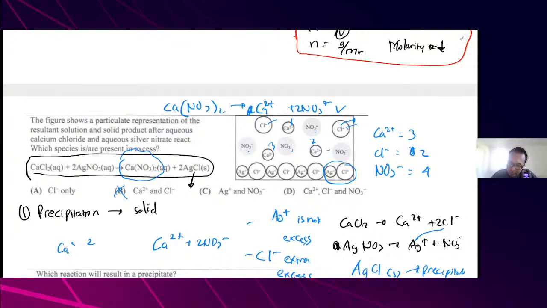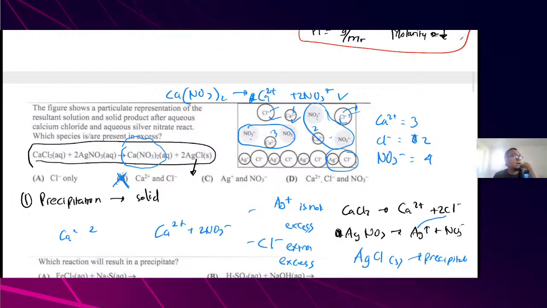So leaving this one and this one. Okay, I got you. We don't need to use anything much more complicated. Just take a look at the picture.